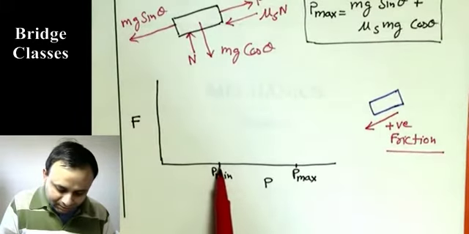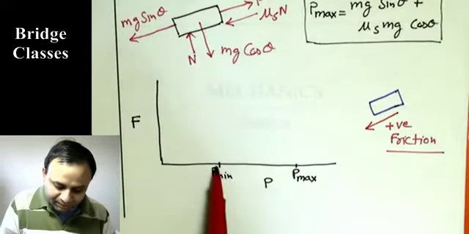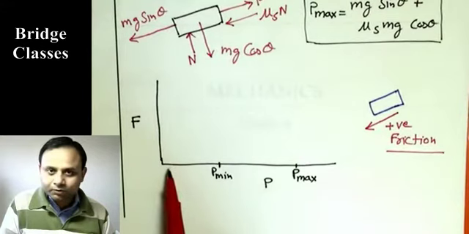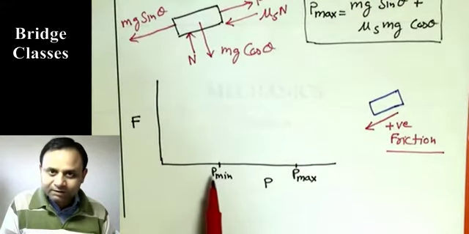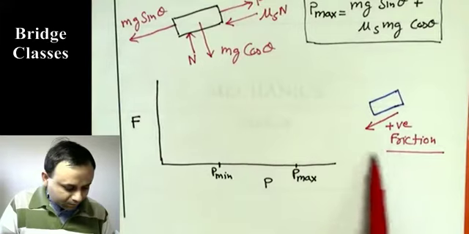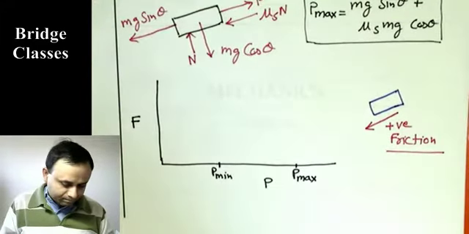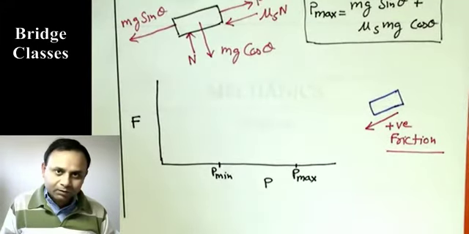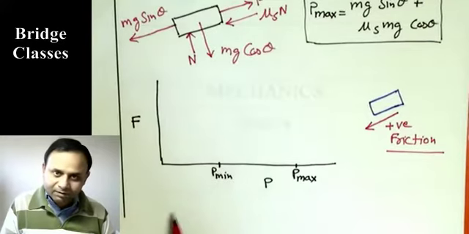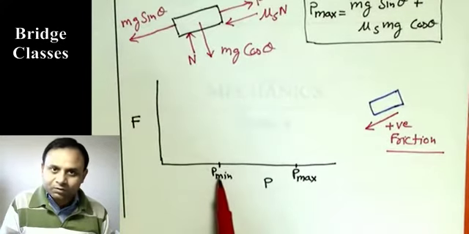If P is less than P min, the body is going to move. In which direction will it move? It will move downward if force is less than P min, because this is the minimum force to keep the body stationary.